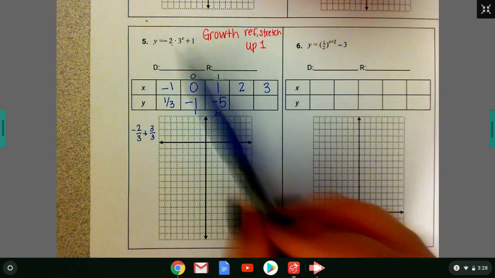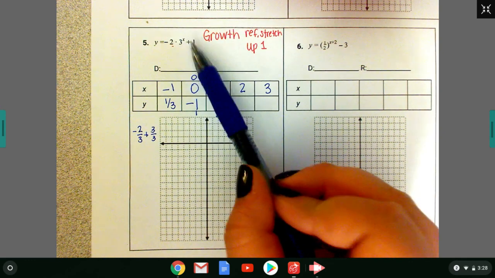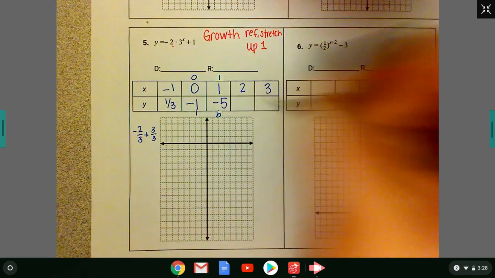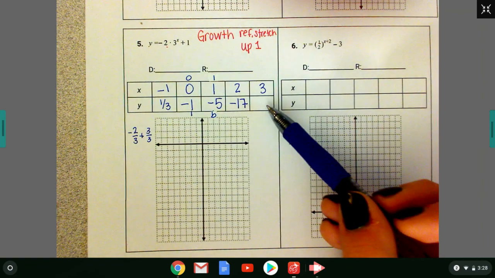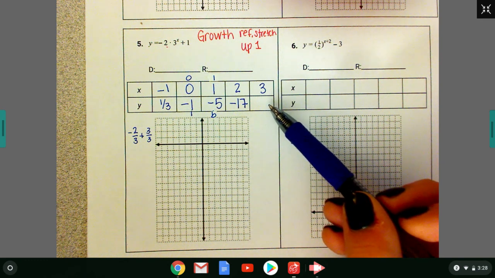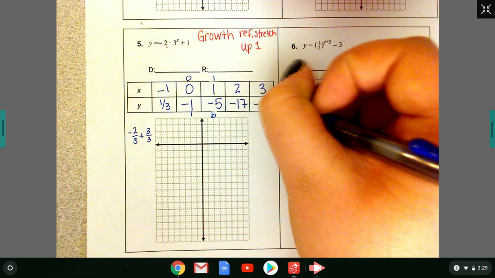If I put in a 2, I've got -2 times 3 squared plus 1. So -2 times 9 plus 1, negative 18 plus 1 is negative 17. And if I plug in a 3, I've got negative 2 times 3 cubed plus 1. So negative 2 times 27 plus 1, negative 54 plus 1, so negative 53.